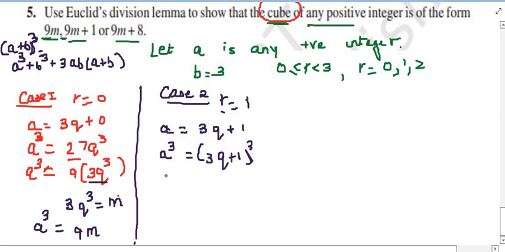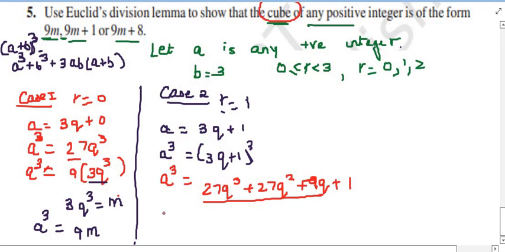So it means a cube will be equal to 27q cube plus 27q square plus 9q plus 1. From the first three terms we can take out 9 as a common factor.